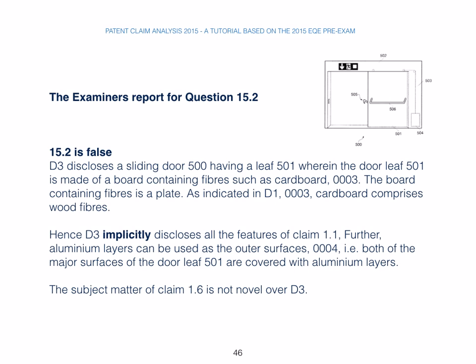As indicated in D1, paragraph 3, cardboard comprises wood fibers. Hence, D3 implicitly discloses all the features of claim 1.1. Further, aluminium layers can be used as the outer surface, paragraph 4, i.e. both of the major surfaces of the door are covered with aluminium layers. The subject matter of claim 1.6 is not novel over D3.